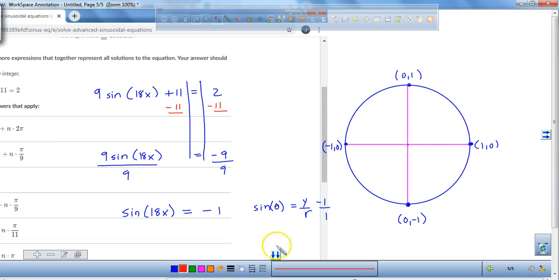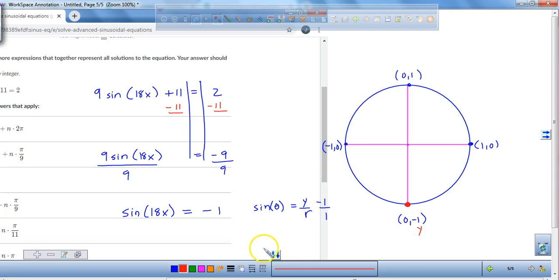There's only one place where that happens. That's right here, where the y value is negative 1 and the r value, being the radius, is also a positive 1. So we're only going to be worried about 1 point on this one, not 2 points, because there's only one time you can get to a negative 1 for the y value.